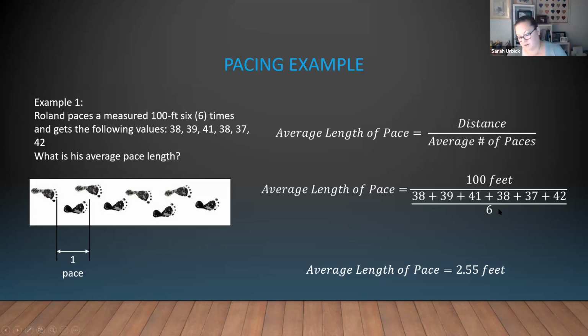So let me see if I remember how to use my old calculator here. I got 38, 39, 41, 38, 37, 42. Oops, no, I don't apparently. All right, anybody else get 235 total paces?